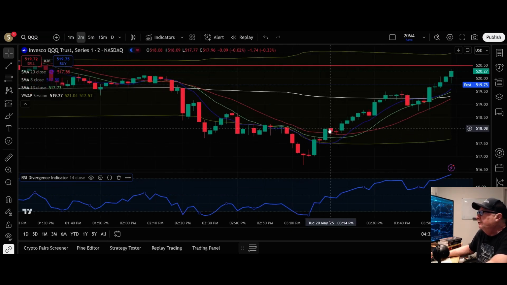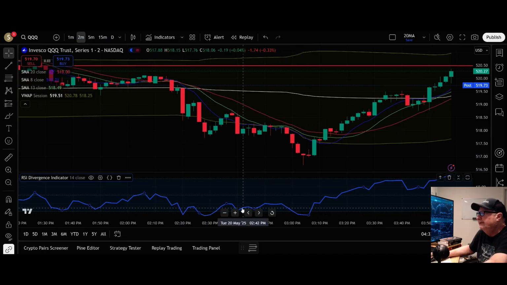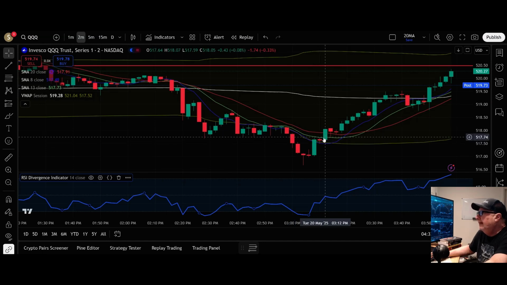We cleared the 20, which is the red line here, pulled back to the 20, and then had a power bar move, which cleared this resistance. That's another buy trigger. So you had sort of multiple bullish signals, RSI, bottoming tail, 2 standard deviations away from VWAP, so oversold. And then you had a buy trigger here.